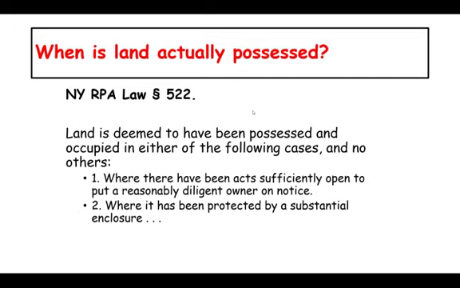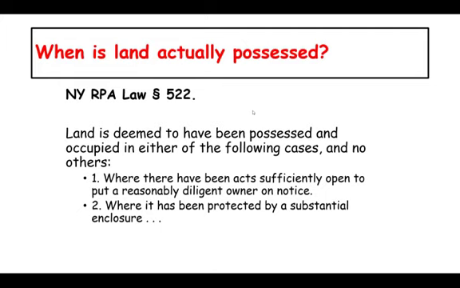The classic open and notorious action is building a house or building a building of some kind. That is a claiming of the land. It's pouring resources into the land. Farming land also is open and notorious action. And this doctrine gets invoked much more often in the context of farmland than it does in the urban experience.